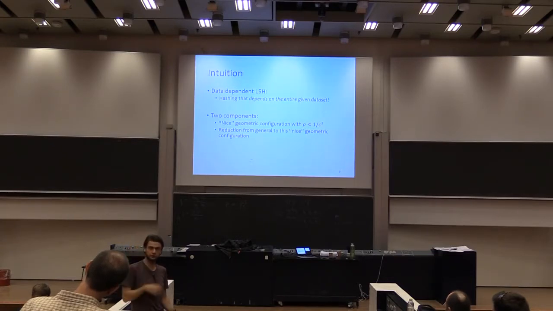So there are certain configurations of points for which we have better space partitions. This will be this nice geometric configuration, which will obtain rho which is less than 1 over c squared. And the second step, I guess it should be the first step, is that we'll show how to take a general point set and reduce to this nice geometric configuration.